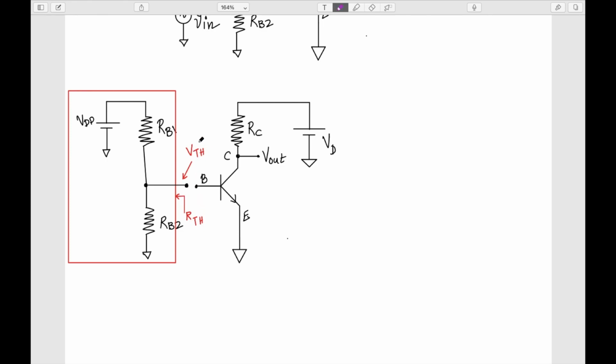The Thevenin's equivalent voltage at this node, VTH, will be given by the current flowing through this, which is basically VDD divided by the summation of the resistances RB1 plus RB2, and the voltage at this node will be the multiplication of this current I and this RB2. So this is my Thevenin's equivalent voltage at this node when the load is not connected.